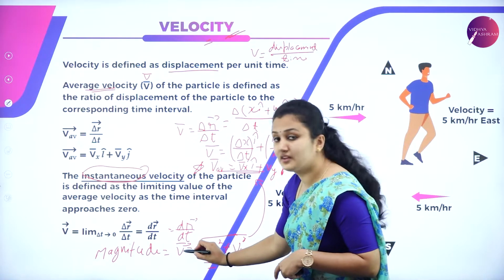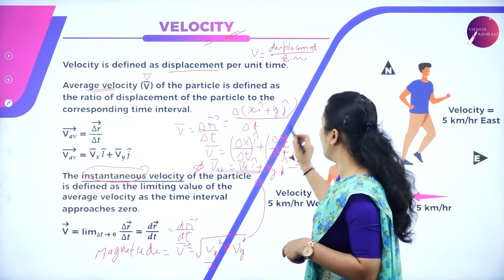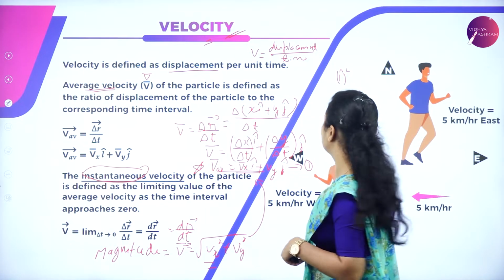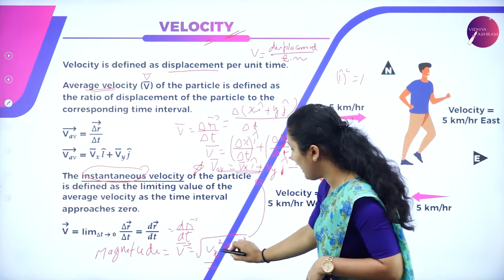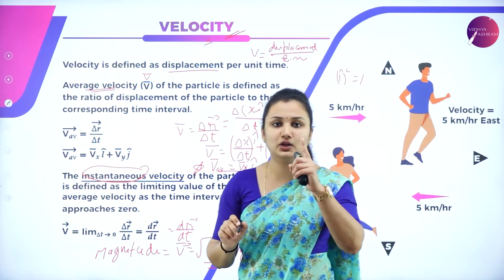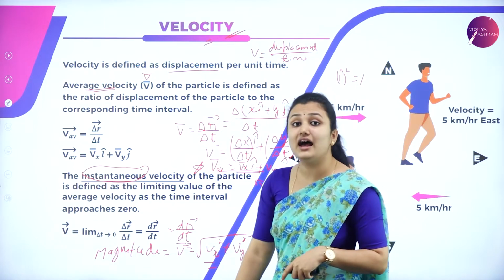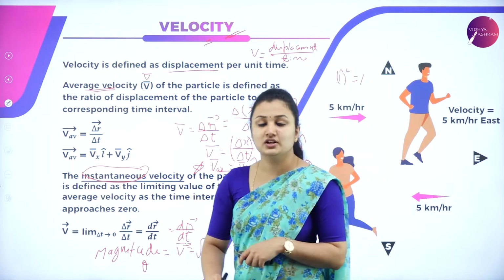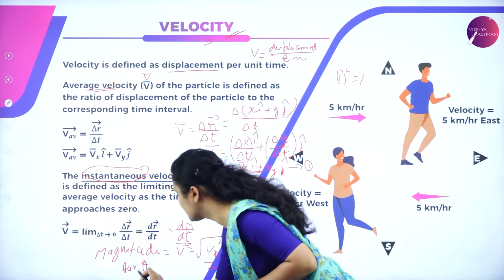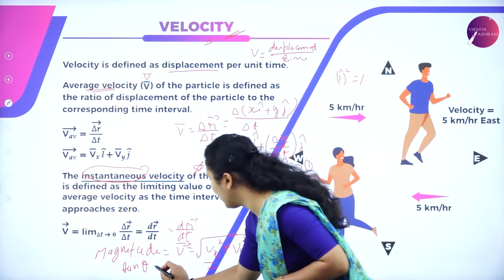When squaring, the unit vector squared is nothing but 1, so we don't have i cap and j cap here. Then how will you find the direction? The direction is given by tan theta. In the previous sessions we have seen direction is given by tan theta.